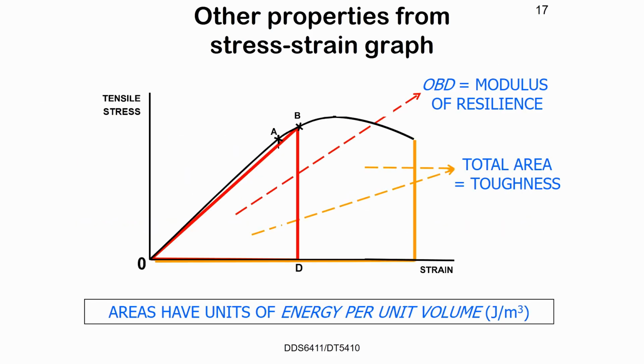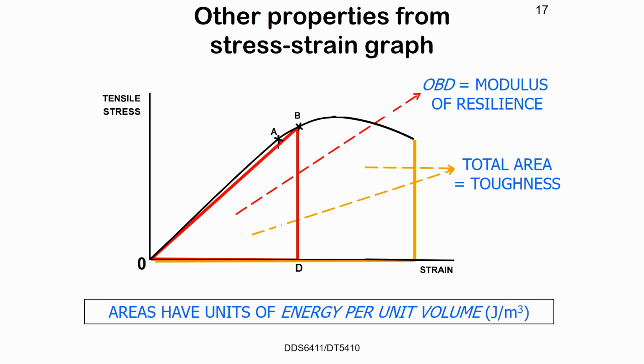So if we look at the area underneath point B, if you remember, beyond point B, you're going to get permanent deformation. So the area underneath point B is the energy required to cause permanent deformation. And that's defined as the resilience of your material.